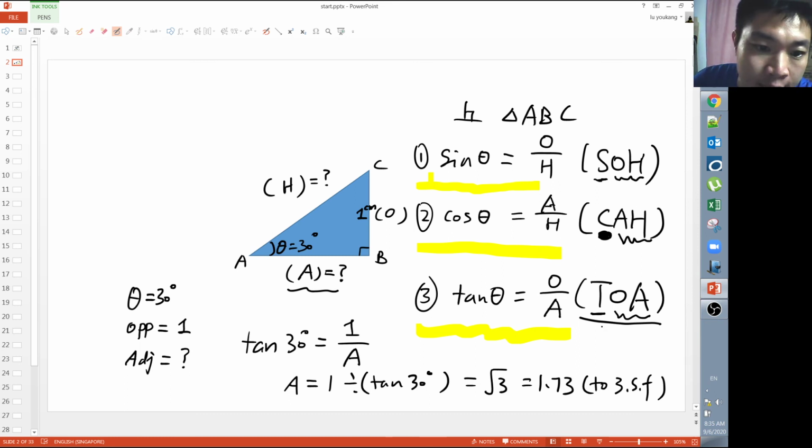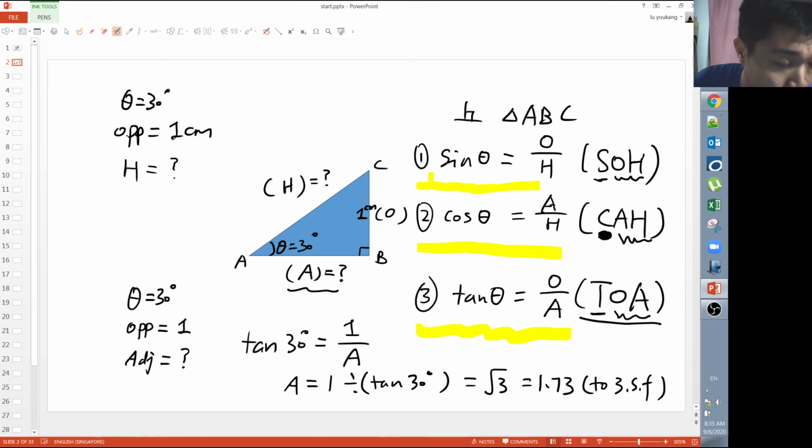Now let's look at how we can figure out H. You have your theta of 30 degrees and you have your opposite, which is given as 1 cm by the question, and you are asked to find H. So you need to use SOH. Why? Because sine of the angle is equal to the ratio between O and H, and H is what you need to find.